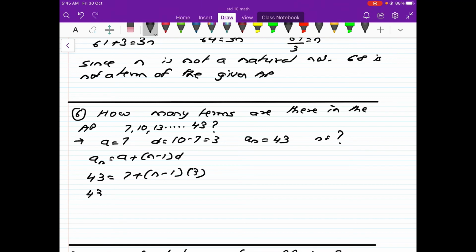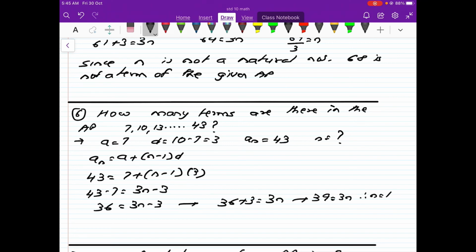So this becomes 43 minus 7 is equal to 3n minus 3. 36 is equal to 3n minus 3. So it is 36 plus 3 is equal to 3n. 39 is equal to 3n.